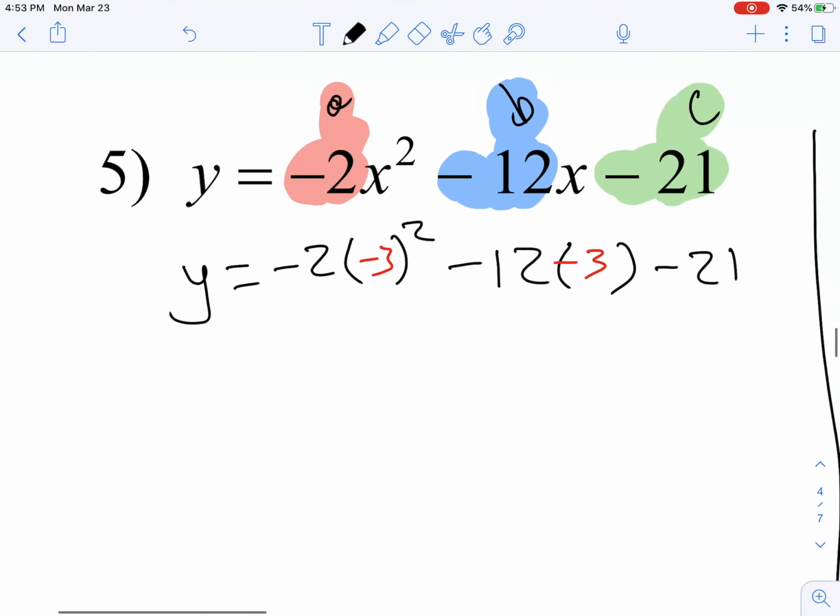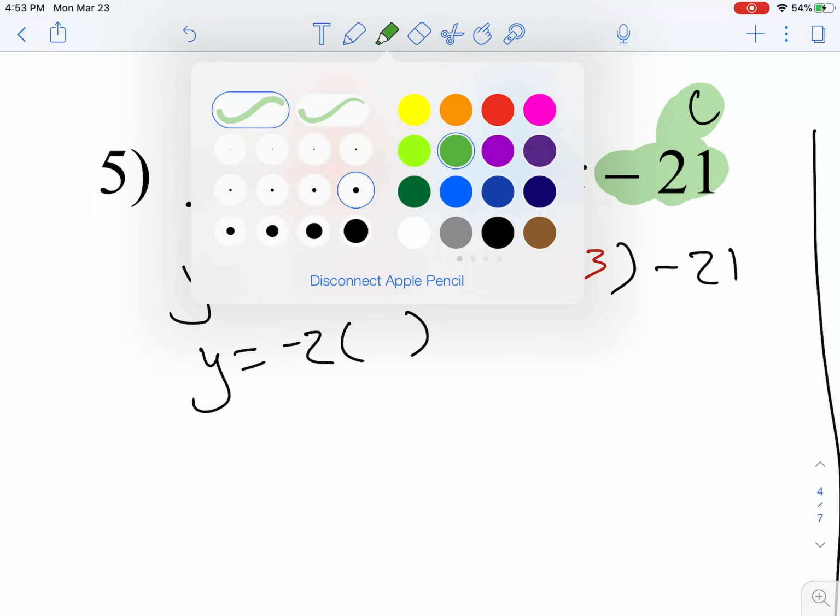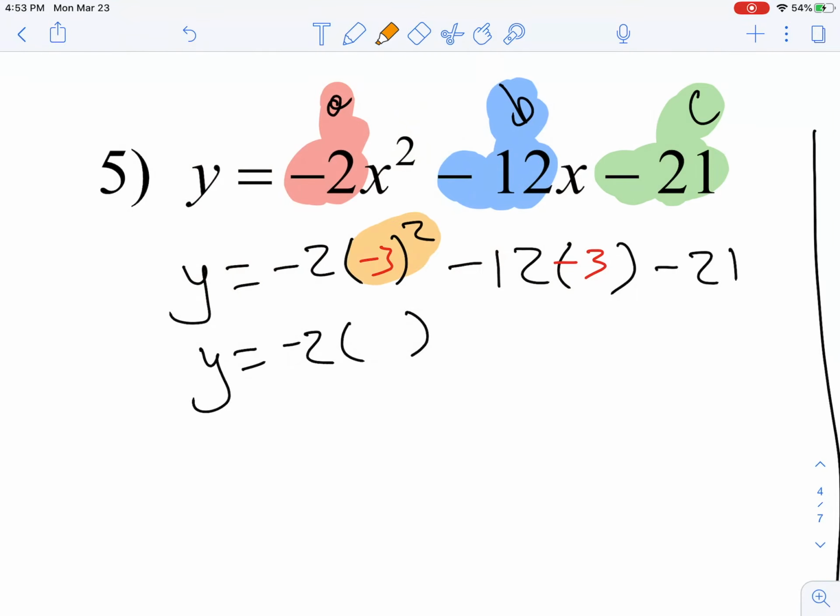And then we're going to evaluate some things. So y equals negative 2 times, and I'm working out right here, negative 3 to the second power, which is a positive 9. Then I'm going to do my multiplying.